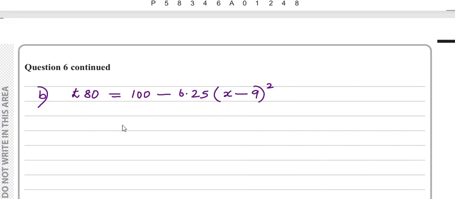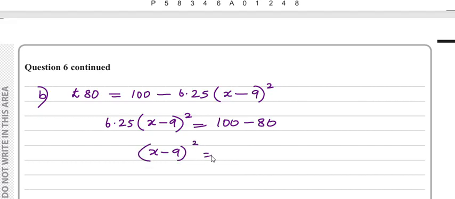So rewriting this in a way that is convenient to us, we can say 6.25 bracket x minus 9 whole square is equal to 100 take away 80, right? Therefore, (x minus 9) squared is equal to 20 upon 6.25.